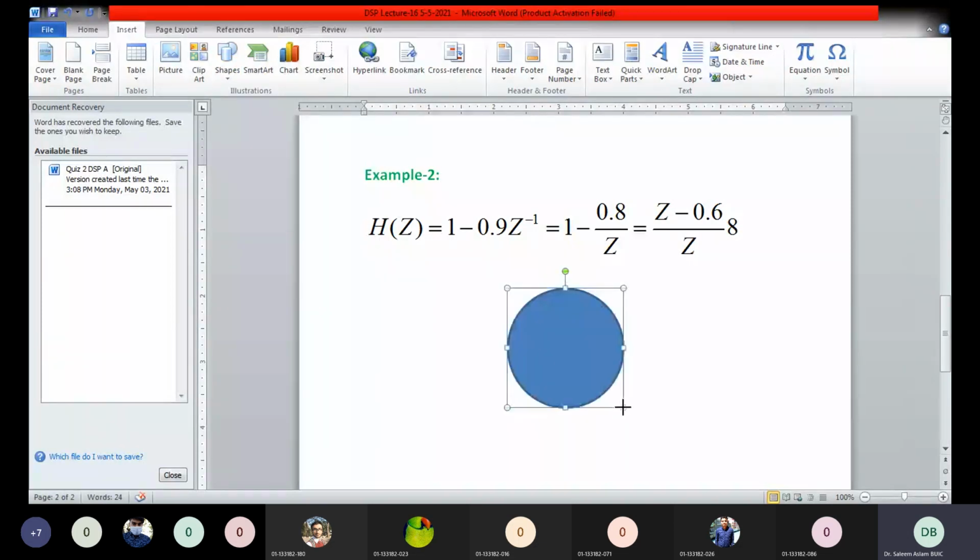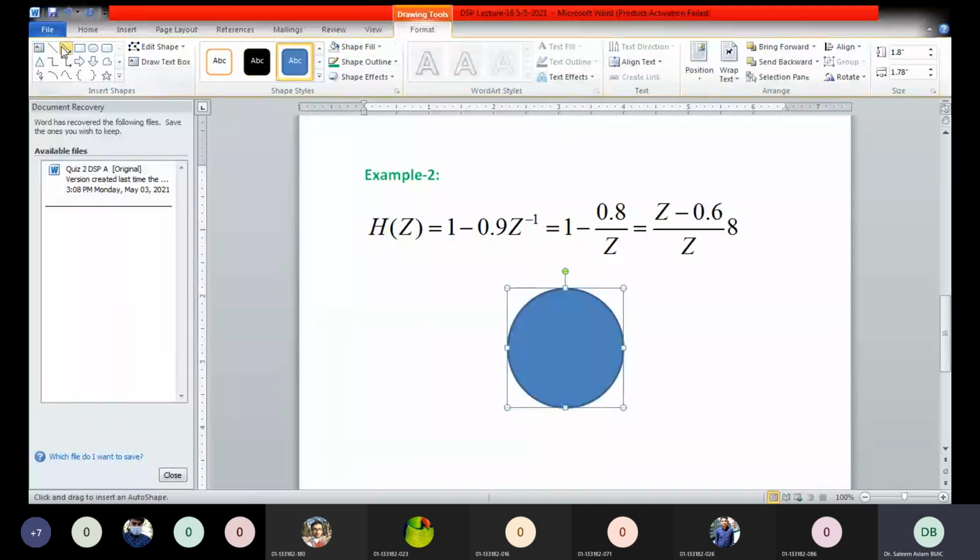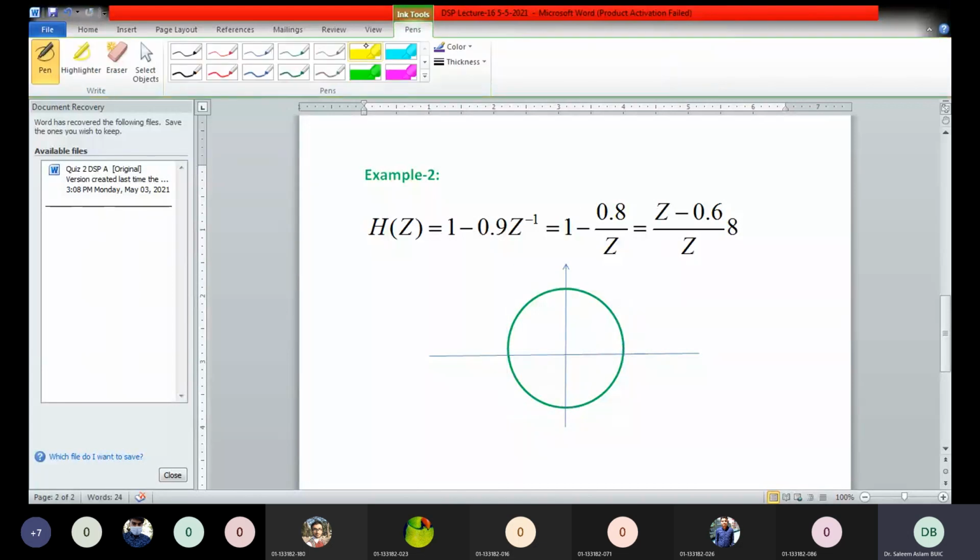So we have now a pole at 0.8, not at 0.6. Now we have everything the same except the location of the pole. Let me take the red color, same. So we have a pole now closer to the 0. It is now at 0.8, and it has one pole at this one.